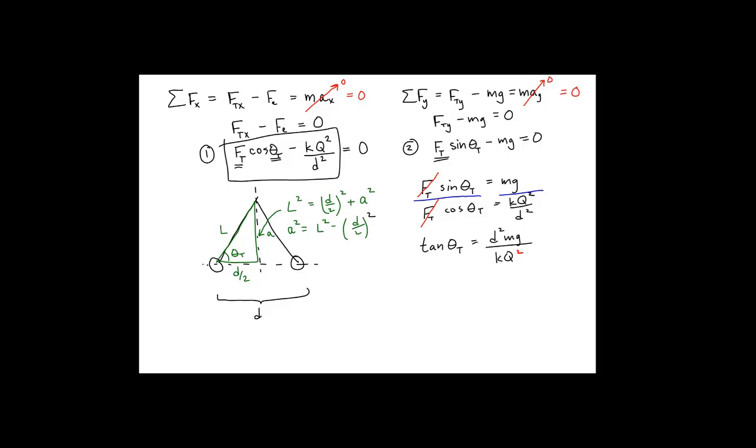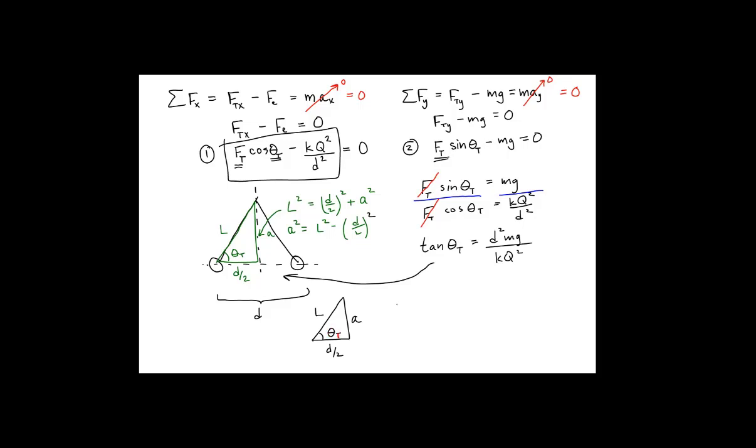So the last unknown we really need to deal with is that angle, tangent of theta t. So let's deal with that angle. We could deal with that angle by going back to our right triangle. Let me actually redraw this right triangle just so it's a little bit cleaner. This side is d over 2, this side is a, this side is L. Here is our angle.